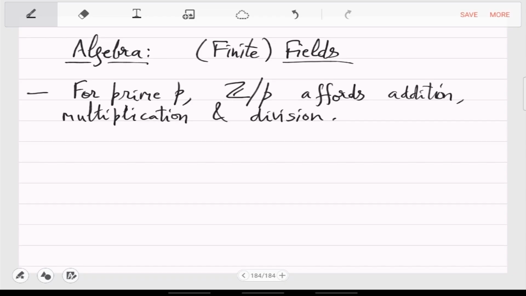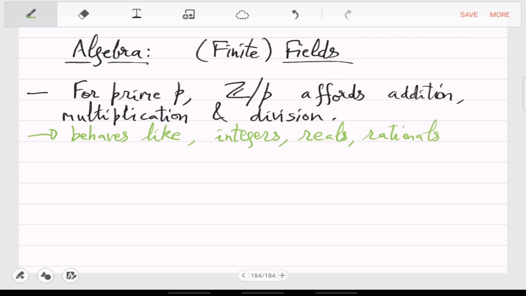So this kind of object, we want to give it a name, that will be field. So it behaves like integers, reals, rationals, and complex numbers.